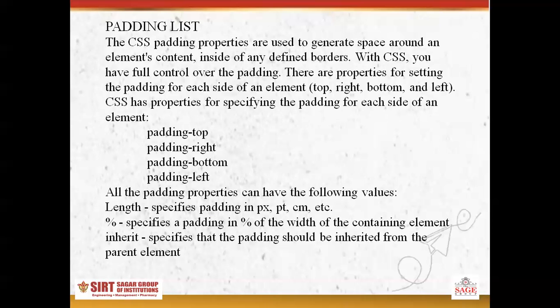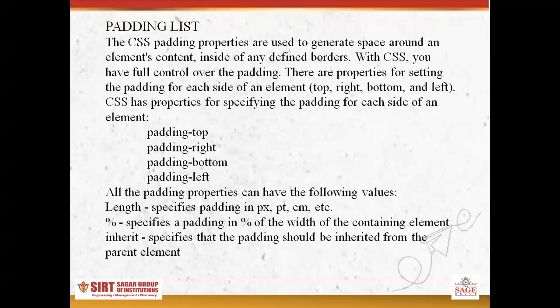There are properties for setting the padding for each side of any element: top, right, bottom, and left. CSS has properties for specifying the padding for each side of an element: padding-top, padding-right, padding-bottom, padding-left. These all assign the padding of your elements.